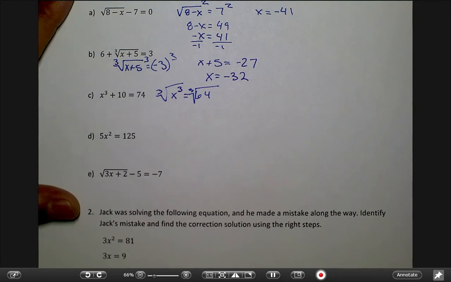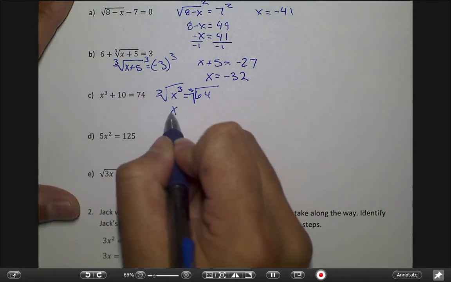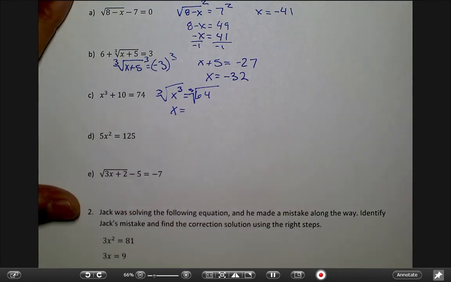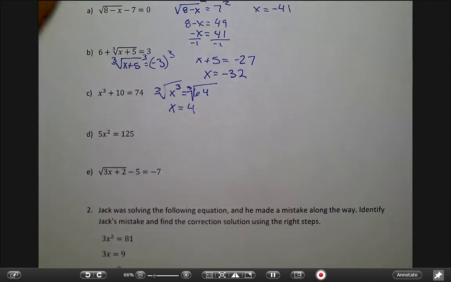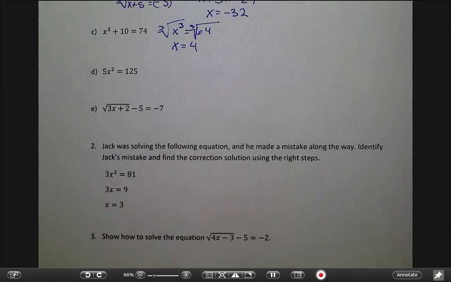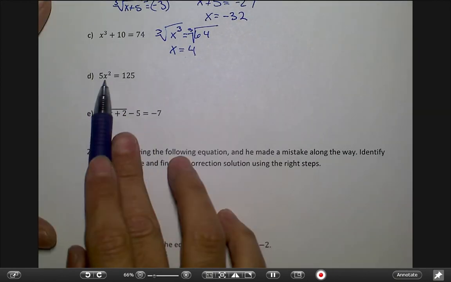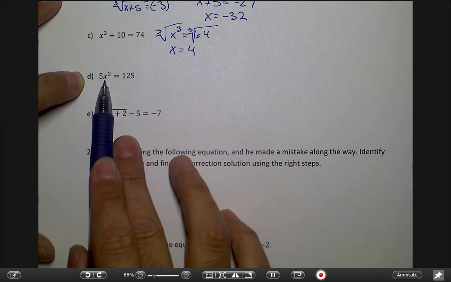So those cancel, and I get x is equal to the cube root of 64. Very good, 4. Pretty straightforward, right?